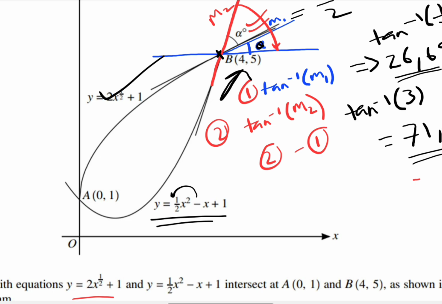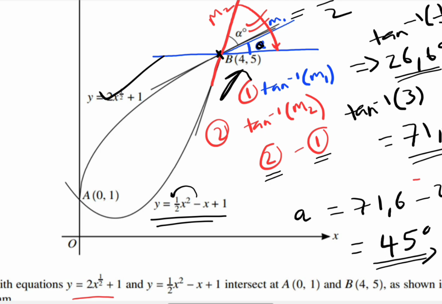Then for us to get alpha, alpha is this, which is 71.6, minus this, which is 26.6. 71.6 minus 26.6, then we get 45 degrees.